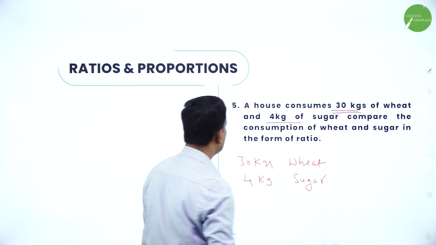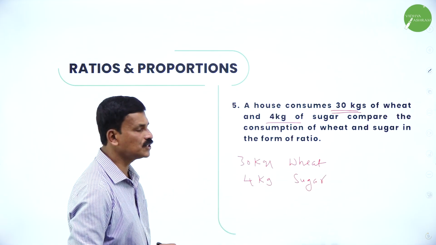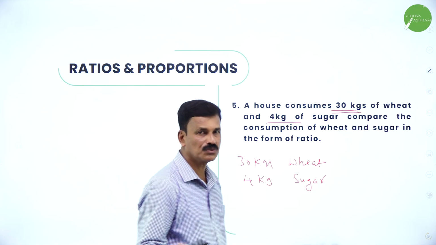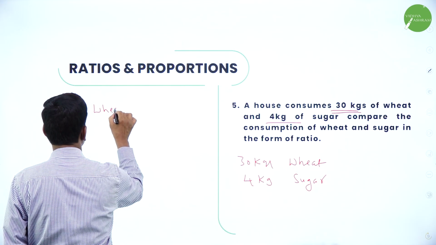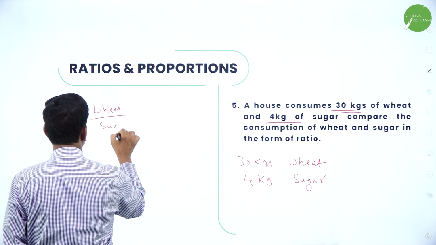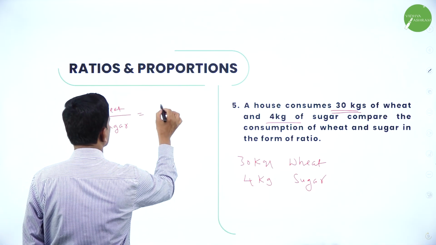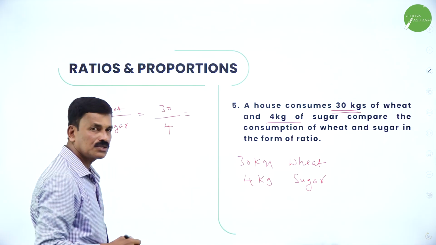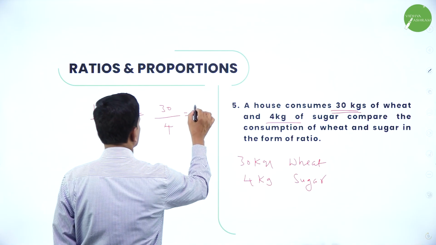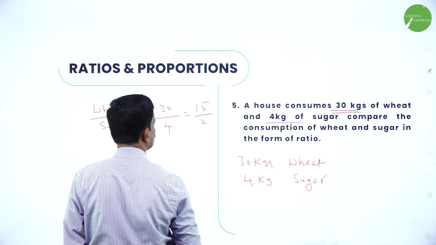Now just divide it. Consumption of wheat divided by sugar. What is this equal to? Wheat 30 divided by 4. So if we divide, that's equal to 15 by 2.